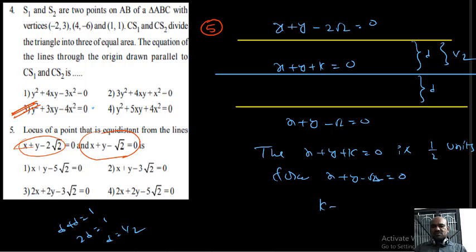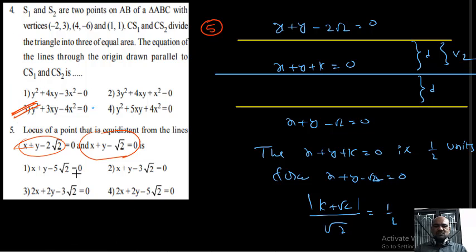That is, the distance k plus root 2 by root over 2 should be equal to half. Or in other words, mod k plus root 2 equal to root 2 by 2. So k plus root 2 equal to 1 by root 2, mod.